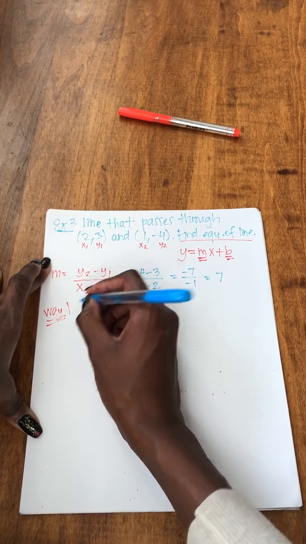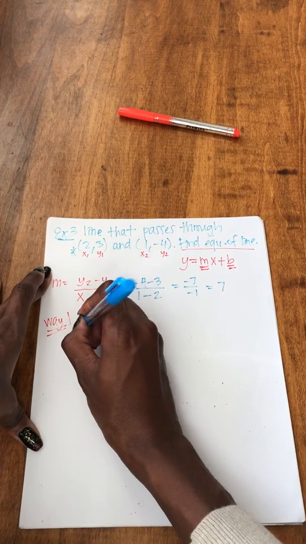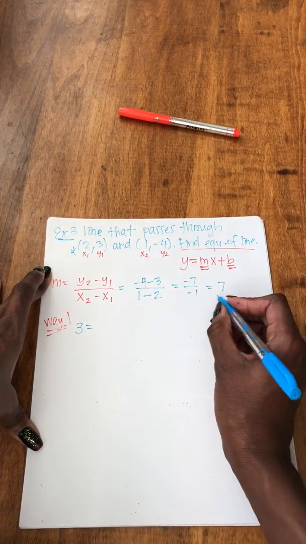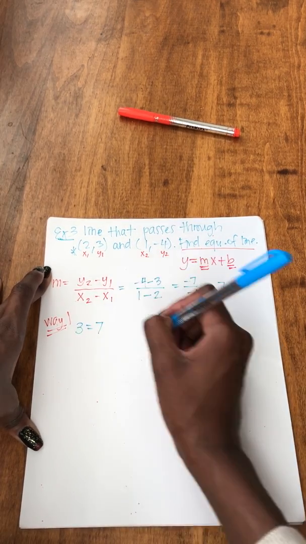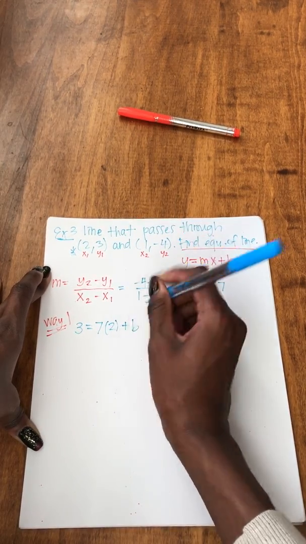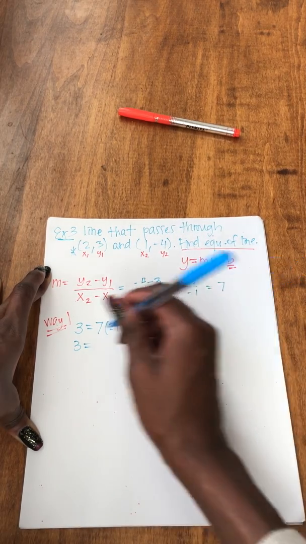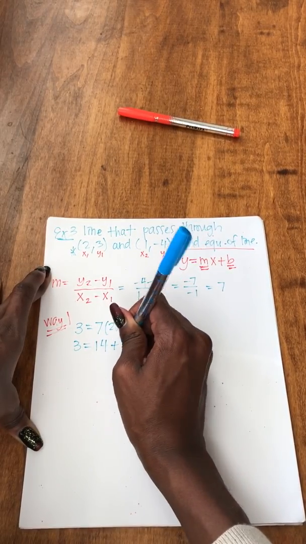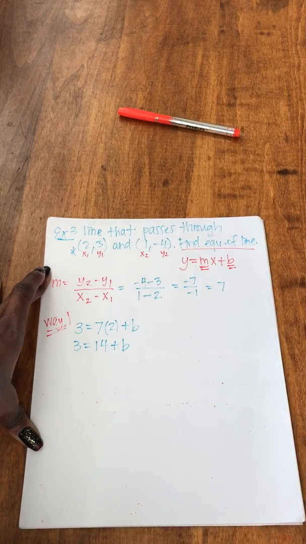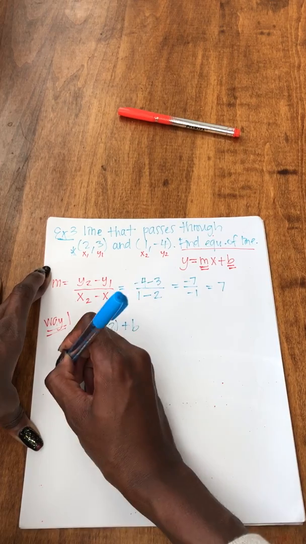So our y, I'm gonna choose this one. So y is 3, y is equal to m, our m is 7, x is now 2, plus b, okay? 7 times 2 is gonna give you 14, plus b. And then to get b by itself, we need to subtract 14 on both sides, okay?